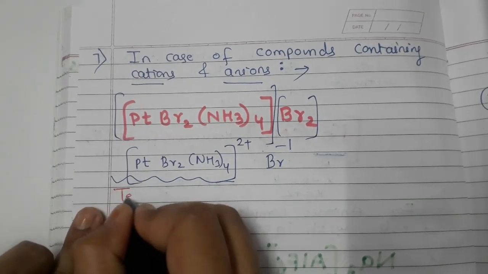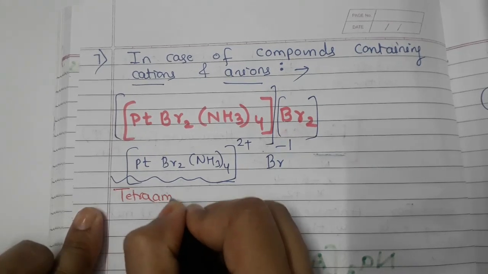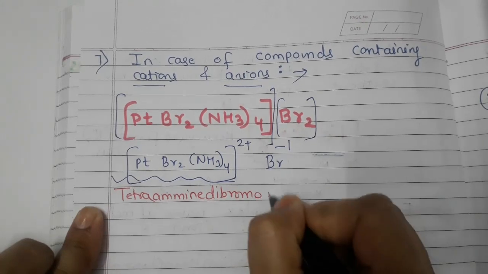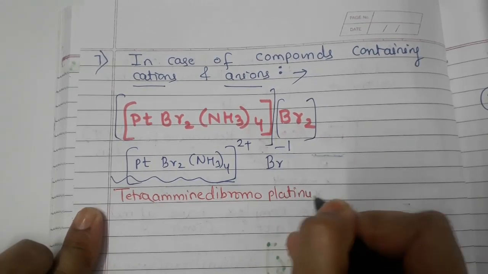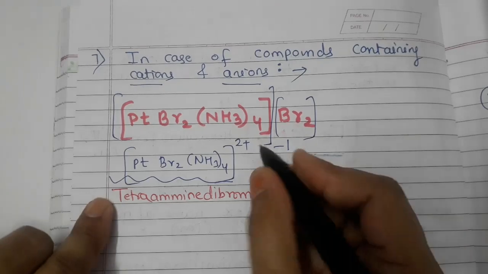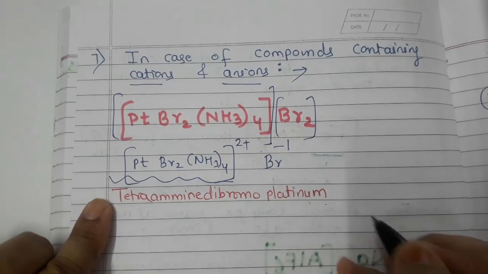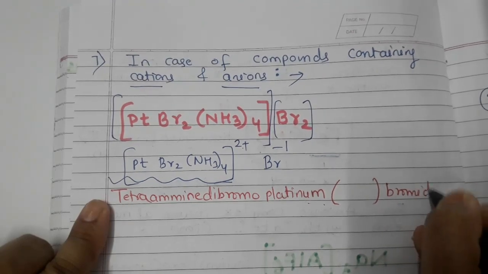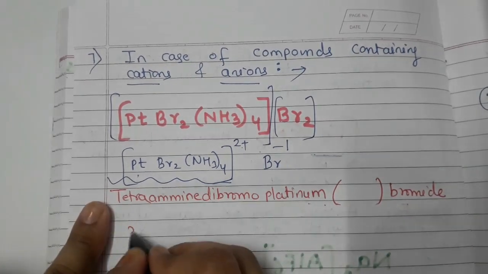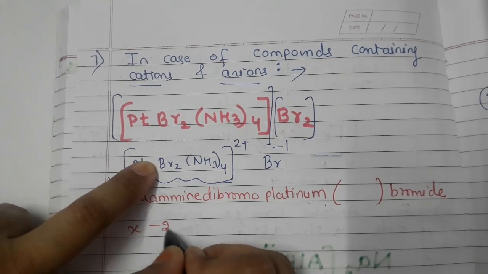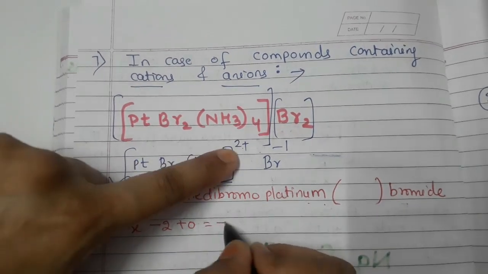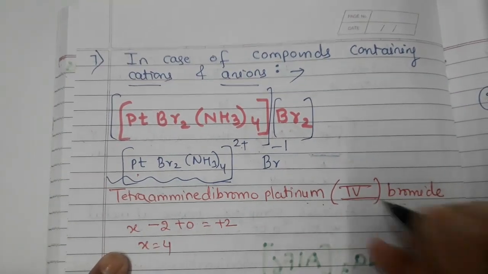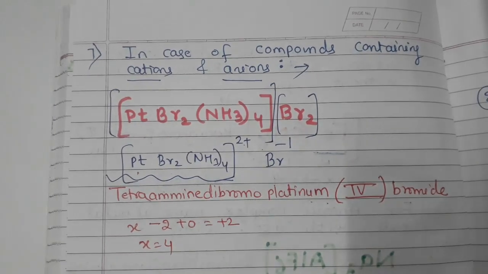So we will write tetraamine, dibromo, then platinum, because it's a part of a cationic complex, the name will remain usual. Now I will write its oxidation state and then the anion. Now oxidation state, let us say X minus 2 plus 0 is equal to plus 2. So X is equal to 4. So I write here 4. So this is the name of this particular complex.